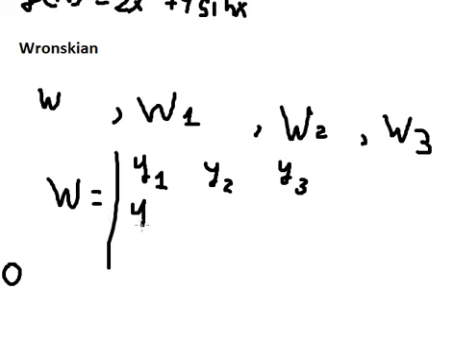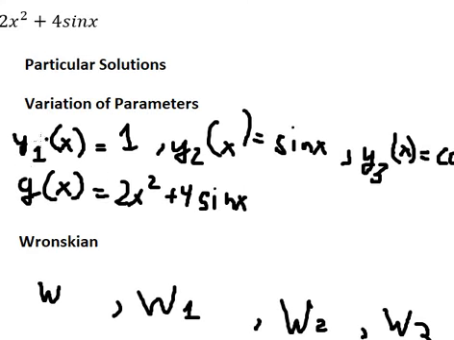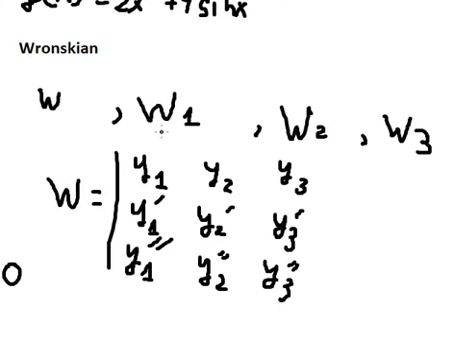So we need to find first the derivative of y1, y2, and y3. Then we go to the second derivative of y1, y2, and y3. Because we have 3 y's, we need to create the matrix 3 by 3. Similar for 1, 2, and 3. But we need to change this one in here. So later I will show you.